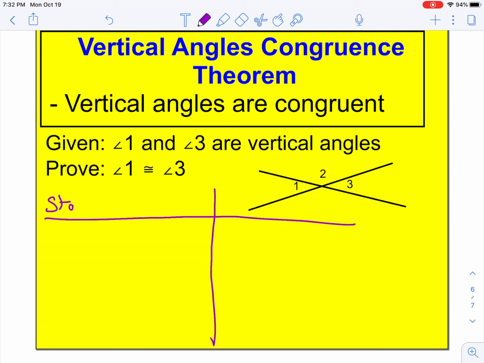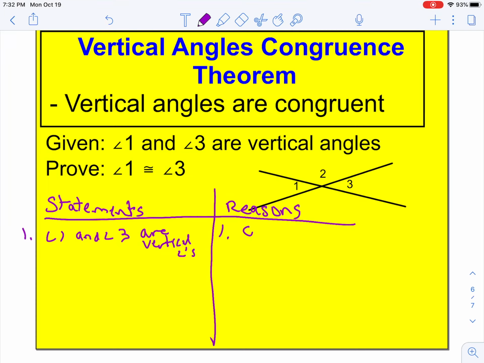So again, we start with our two-column proof with our statements and our reasons, and we number these. So it says given angle 1 and angle 3 are vertical angles.